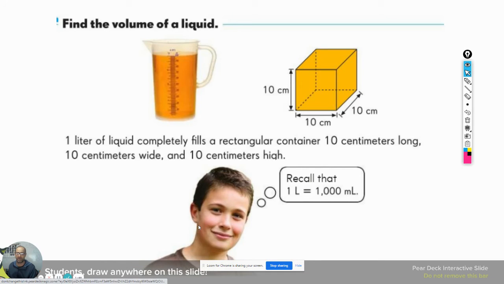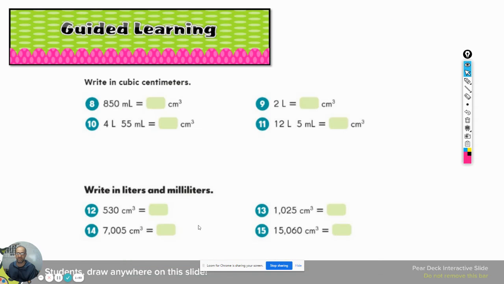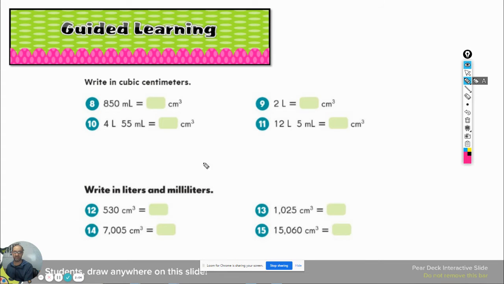Okay. Yeah, dude, we just did this. Okay. So now remember, milliliters and cubic centimeters are the same. This is why I really seriously hope you did the IXL thing. So 850 milliliters is going to equal 850 cubic centimeters. 2 liters equals 2,000 milliliters, which is also going to equal 2,000 cubic centimeters.